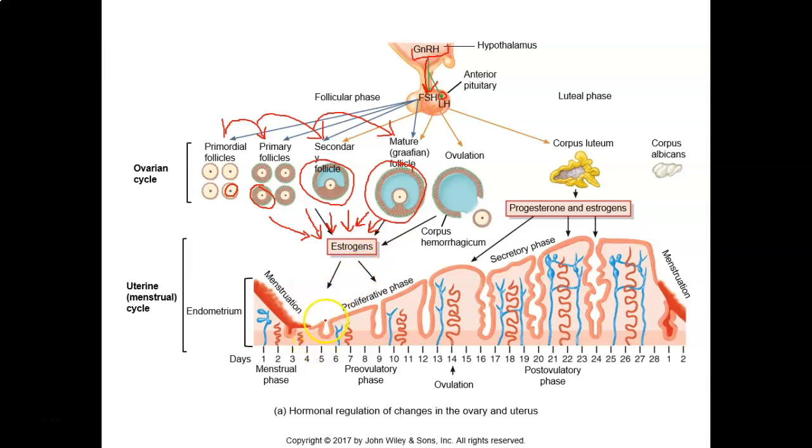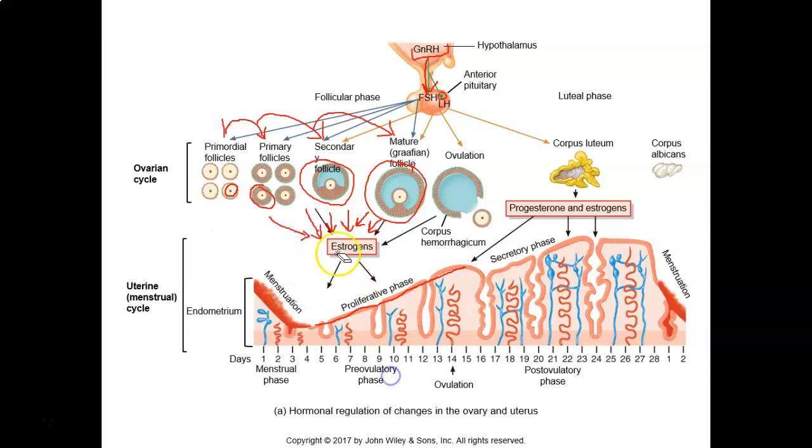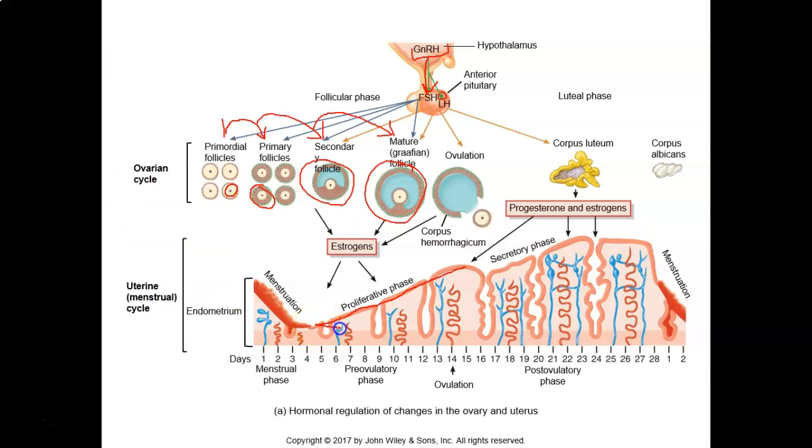And we can see that this causes the wall of the uterus to thicken. Let's imagine hypothetically if we didn't have the release of estrogen, we wouldn't have the proliferation of the endometrium or the thickness of the wall of the uterus, and it would just be kind of flat like this.